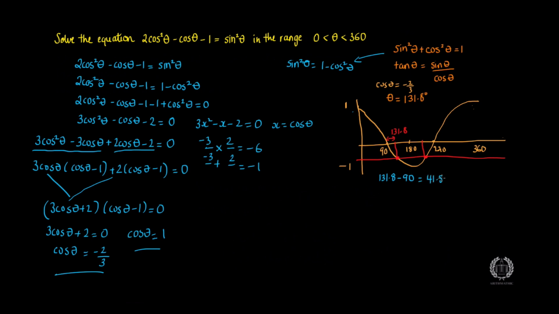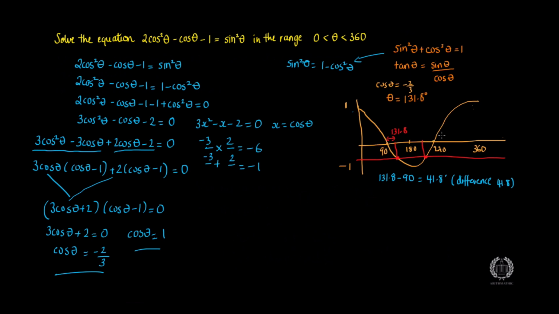So the difference is 41.8 degrees. So I know that from 90 it's going 41.8 to 131.8, so it's going 41.8 this way.